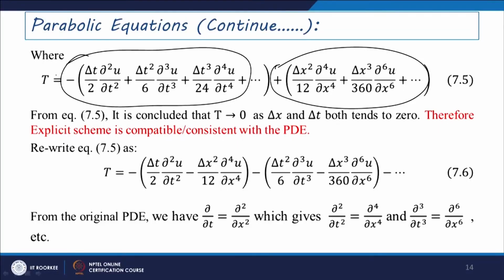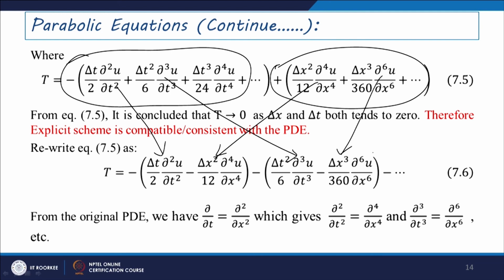And if you rewrite equation 7.5 again, we can find this difference in the form of minus del t by 2 del square u by del t square, and the first associated term from this one, that is minus del x square by 12 del to the power 4 u by del x to the power 4. Then the second term, I write here, minus del t square by 6 del cube u by del t cube minus del x cube, del to the power 6 u by 360 del x to the power 6.